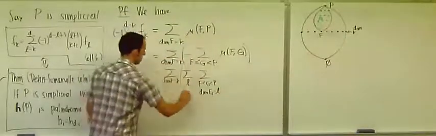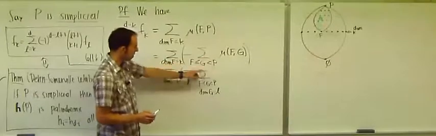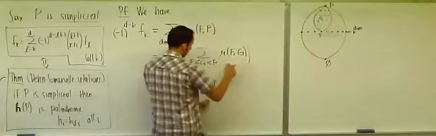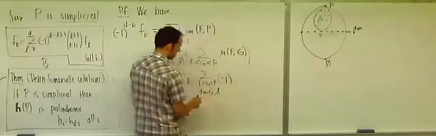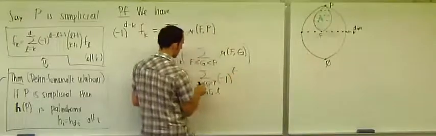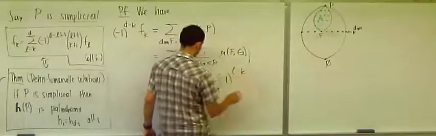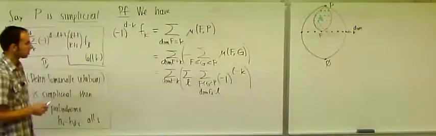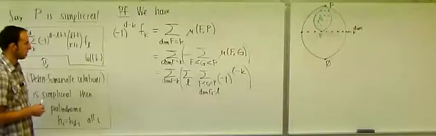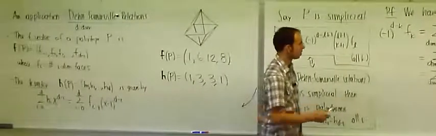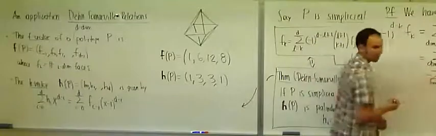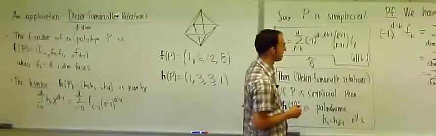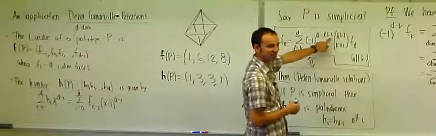I'm adding all the G's, but I'm just separating them by dimension. And when I do that, mu of f comma g is just going to be minus 1 to the dimension of g minus dimension of f. Does it matter that we don't have the negative anymore? Oh, and this negative, let's put it in front so that I don't forget it. It definitely does matter. You can see this plus 1, that's actually that negative.